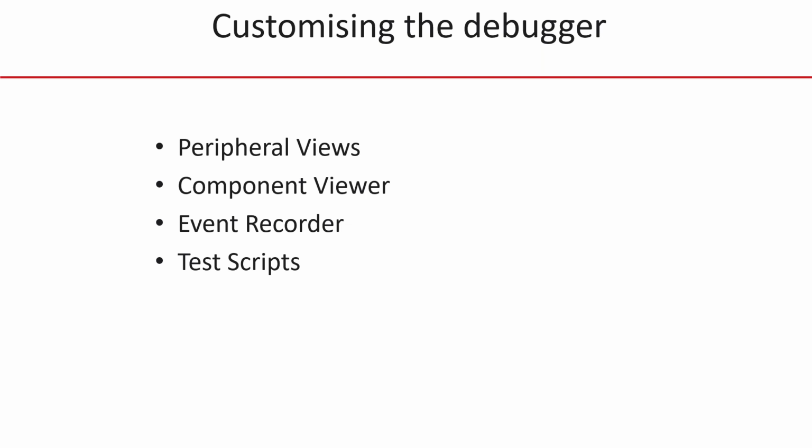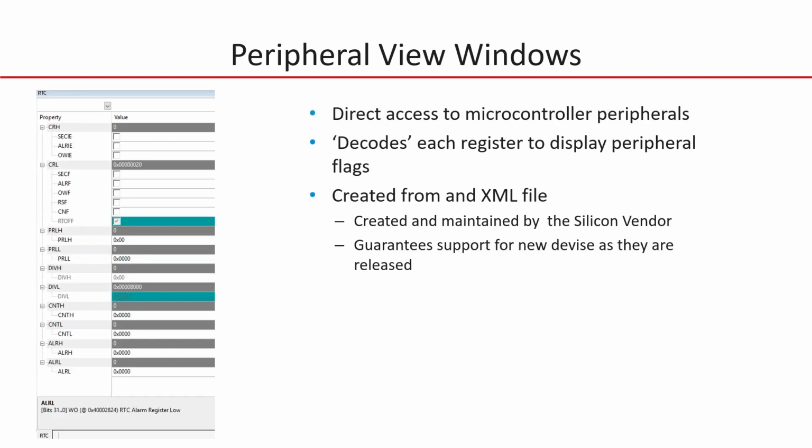So when we come into the debugger, there's a number of views that we can customize, and we'll have a look through these as we go along this afternoon. So here we mentioned before that there is a system viewer description file. This is an XML file that's generated by the silicon vendor. So that work is done once, and then it can be used by anybody that's making a CMSIS compliant debugger.